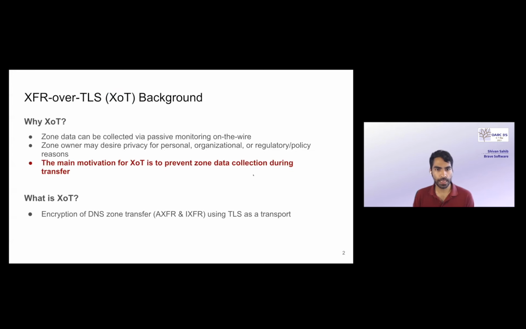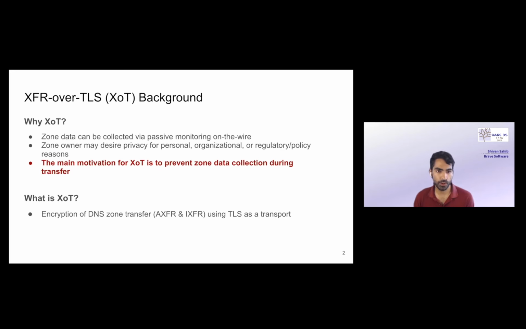Okay, so for a little bit of background, why do we need XFR over TLS? Currently, like many parts of the DNS protocol, or at least until recently, zone data transfers were unencrypted. So zone data could be collected via passive monitoring on the wire.